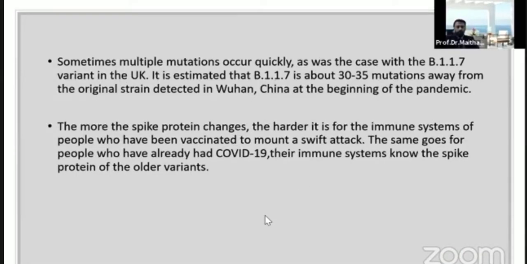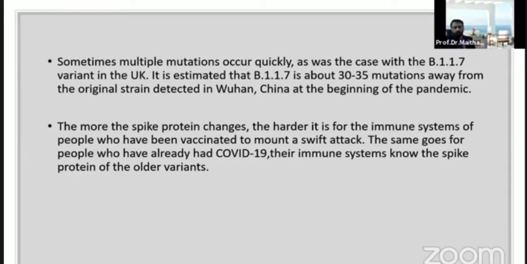Sometimes multiple mutations occur quickly, as was the case with the B117 variant in the UK. It is estimated that B117 is about 30 to 35 mutations away from the original strain detected in Wuhan, China at the beginning of the pandemic.